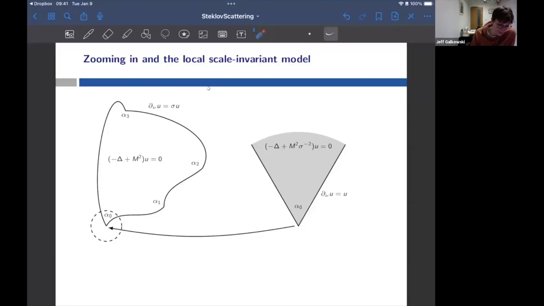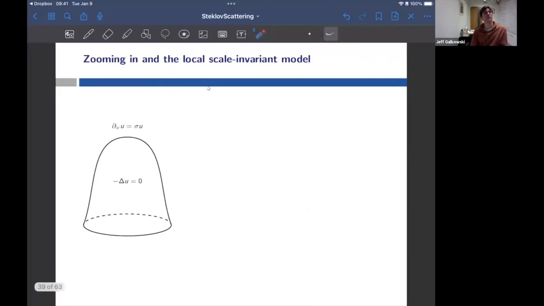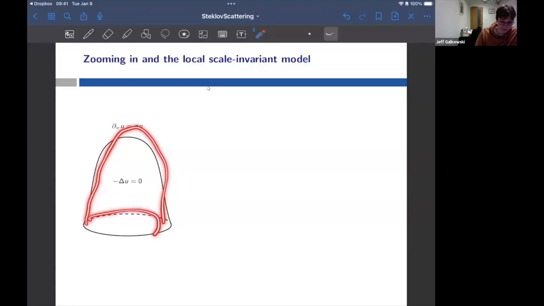Now, you could still ask why you want to think about this mass at all. For that, suppose we start with no mass whatsoever in 3 dimensions. Now I'm thinking about the Steklov problem on this bell-shaped thingy. In the interior you have a harmonic function, and I solve the Steklov problem on the outside.